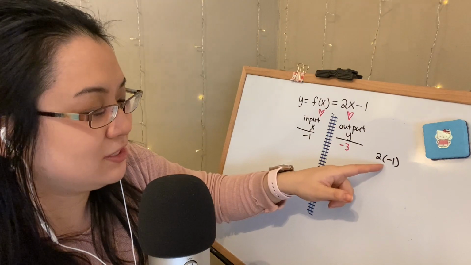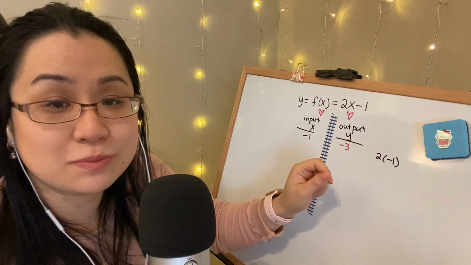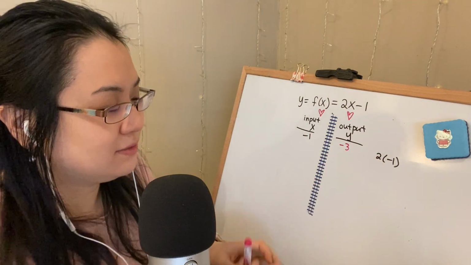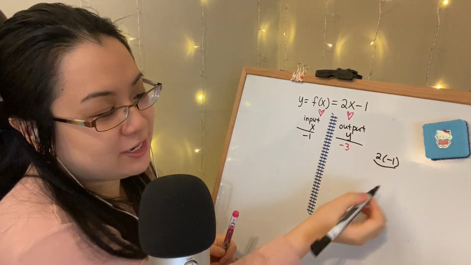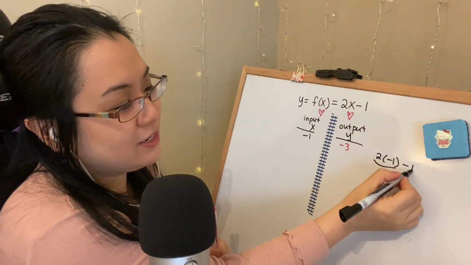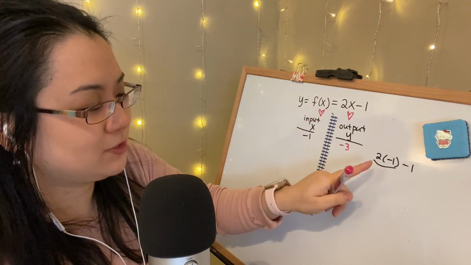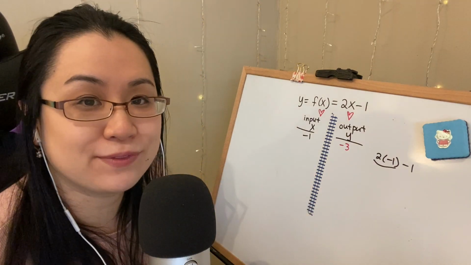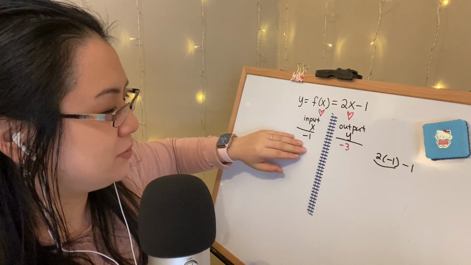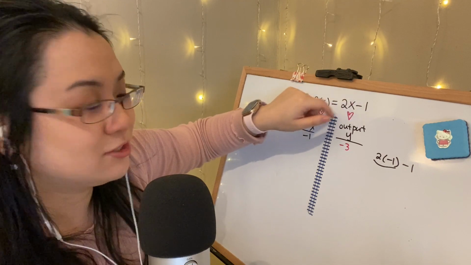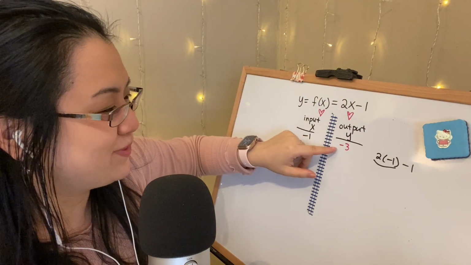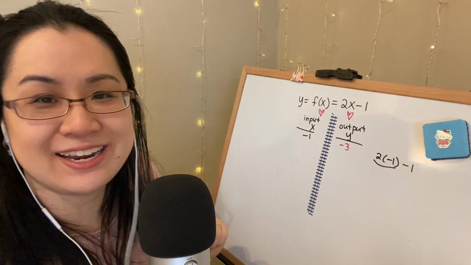Put in parentheses to clarify that we're multiplying and not subtracting. So you do that first to get -2, and then you subtract 1. So -2 minus 1 is -3. Good. So input's -1. I use our little secret code to jump over the wall to get -3.